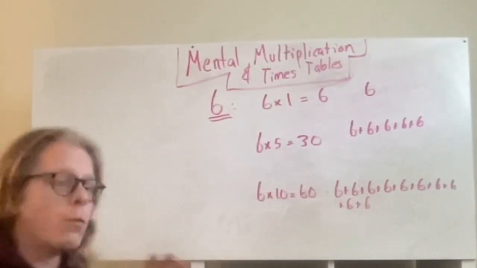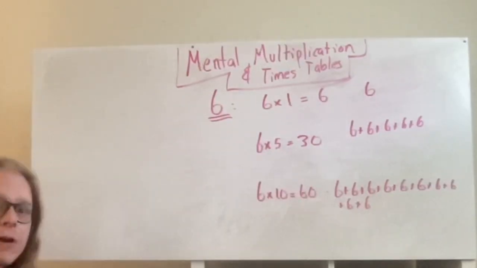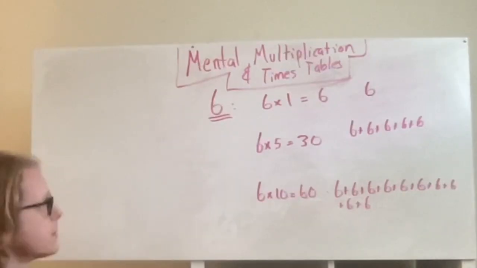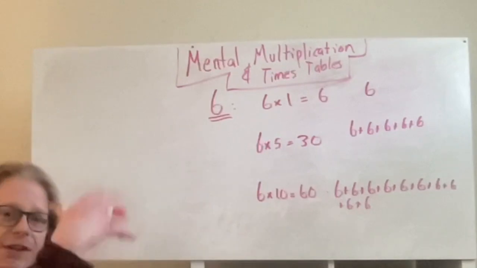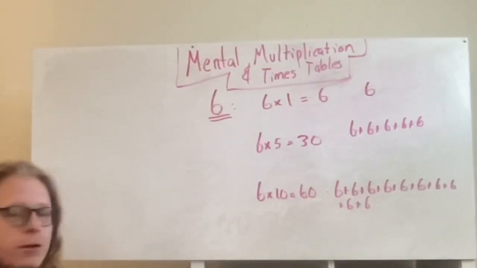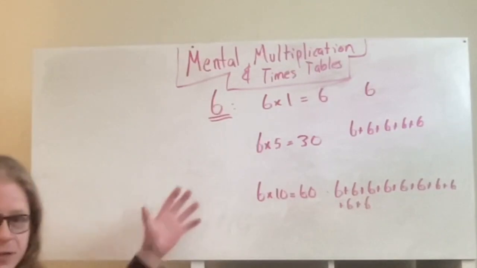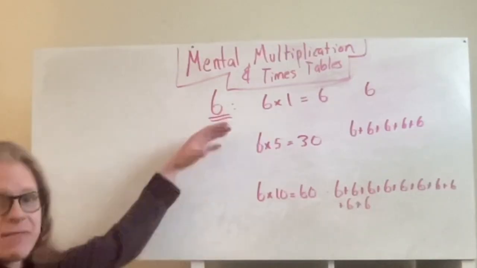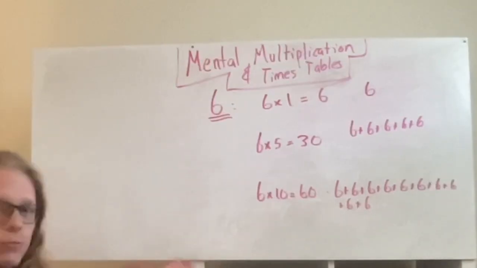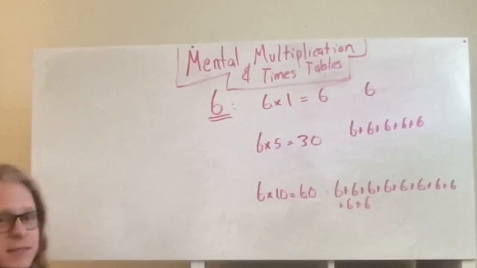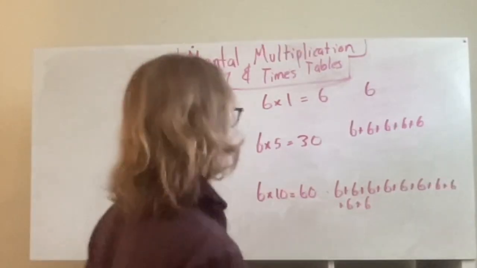So once we have those solid, how can we build on these landmark facts to extend our knowledge out? It's really important when we're learning our times tables that we understand how all these facts are connected to each other. If we're just learning hundreds of different random facts and we just have to memorize them, it's going to seem impossible.